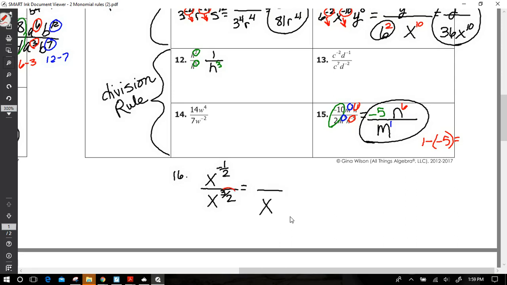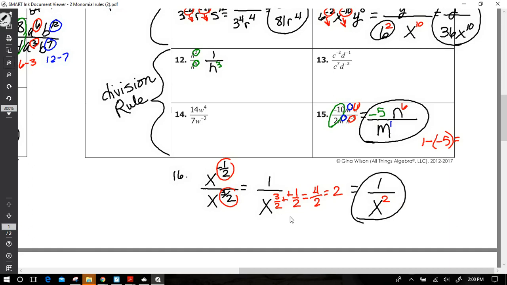And then I'm going to need to do 3/2 minus negative 1/2, which of course means I'm going to end up adding them together. 3 plus 1 is 4, over 2 is 2. So now let me write what this final answer will look like. X squared on bottom, and then I got to remember that placeholder on top, and I'm done.